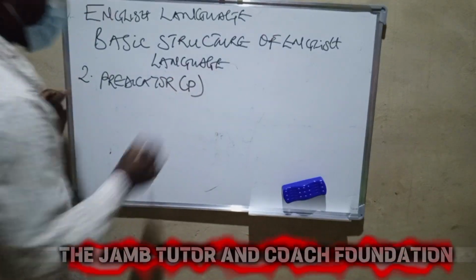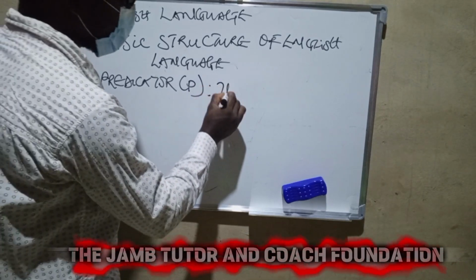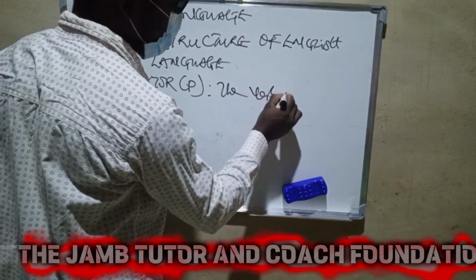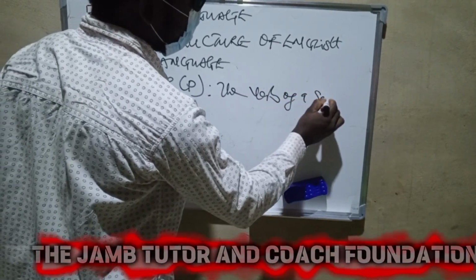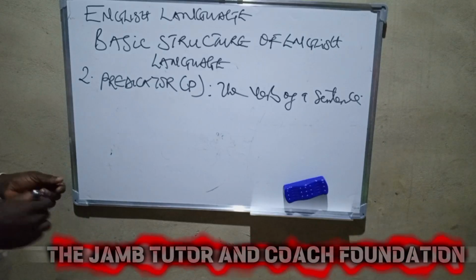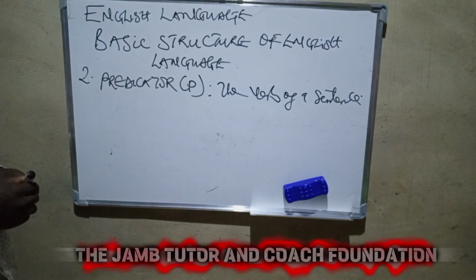Predicator, P. What's the predicator? The predicator is the verb of a sentence. The action performed in a sentence.